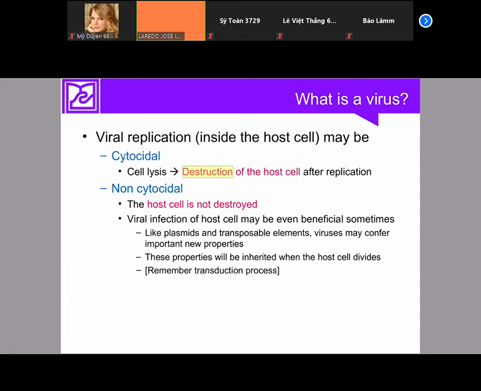This is called cytocidal. So, a cytocidal infection is when the host cell dies, is destroyed after replication. However, other viruses do not destroy the host cell. This is called non-cytocidal infection. Cytocidal, the host cell is killed. Non-cytocidal, the host cell is not destroyed.